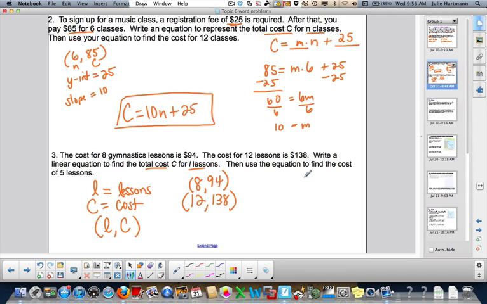Okay, y2 minus y1 over x2 minus x1. And we're looking at 8, 94 as x1, y1, and 12, 138 as x2, y2. So slope equals 138 minus 94 over 12 minus 8. All right, and then we just figure that out. We have 44 over 4 equals 11, and 11 is our slope.